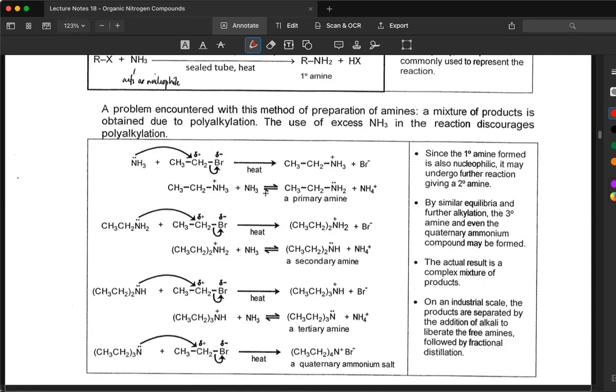secondary amine. The product here will react with ammonia to form primary amine. Okay.